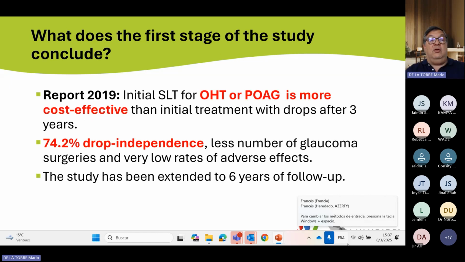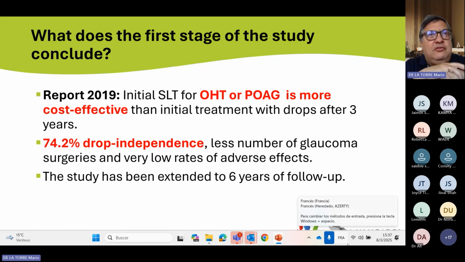Okay, the last report, the first stage of the study in 2019: the initial SLT, the first-line SLT treatment for patients with ocular hypertension or primary open angle glaucoma, was more cost effective than initial treatment with drops after 3 years.